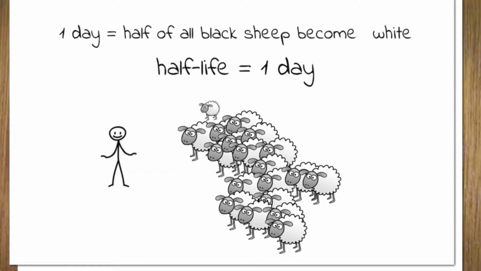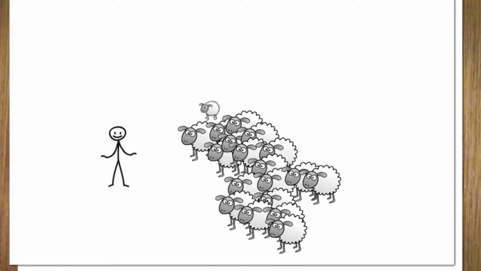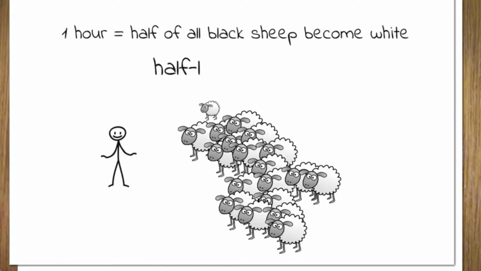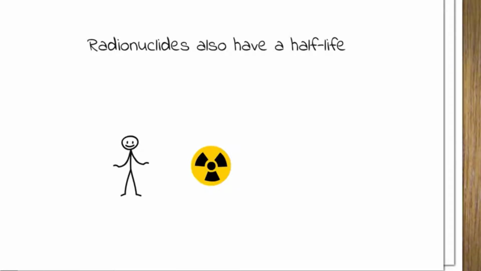If half of the sheep became well behaved not in 1 day, but in 1 hour, the half-life of the sheep would be exactly an hour. Thus the flock would also calm down much more quickly. The same also applies to radioactive materials. Radionuclides have a half-life too, during which half of the material decays. In this process, other radionuclides form, which in turn decay as well.